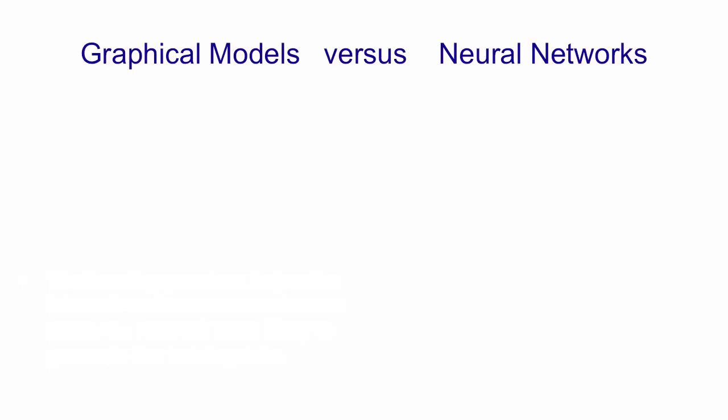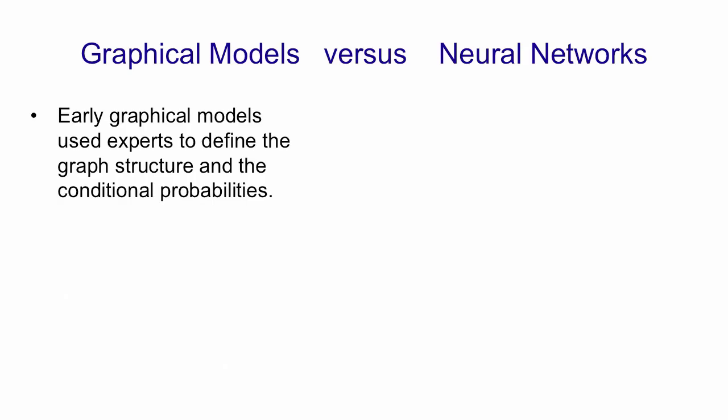So let me just say a little bit about the relationship between graphical models and neural networks. The early graphical models used experts to define the graph structure and also the conditional probabilities. They would typically take a medical expert and ask him how likely is this to cause that, and then they would make a graph in which the nodes had meanings, and they typically had conditional probability tables that described how a set of values for the parents of a node would determine the distribution of values for the node.